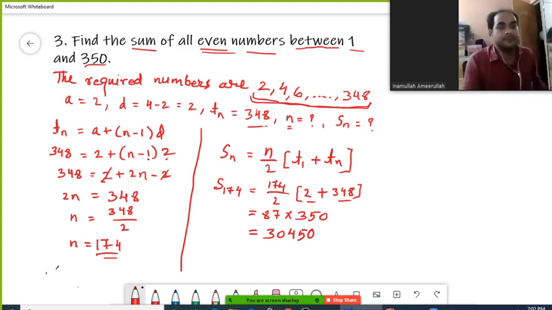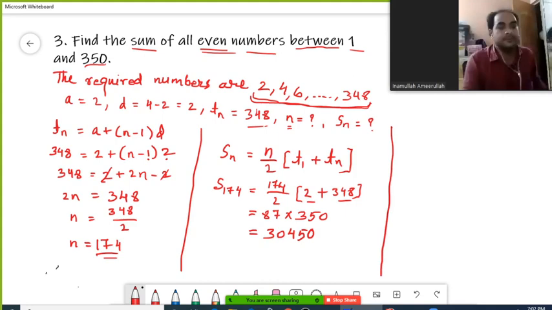The solution for this question can be divided into two parts. In the first part, you calculate the number of terms, meaning how many terms there are from 2 to 348. And in the second part, you find out the sum of all the terms. Look, here we used this formula, and you have another option also.